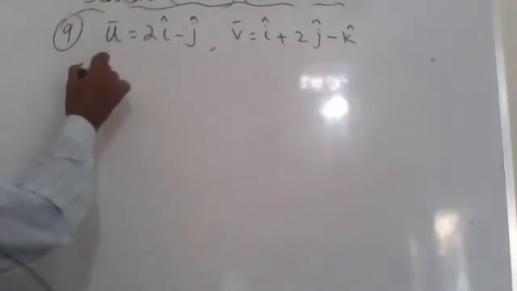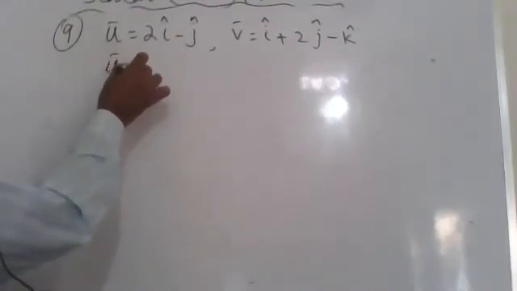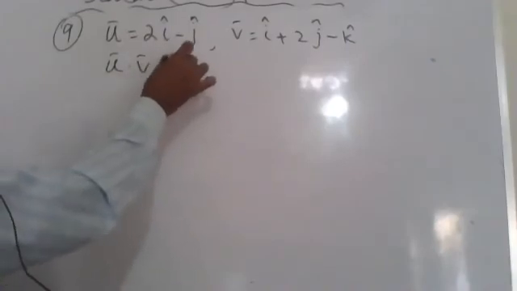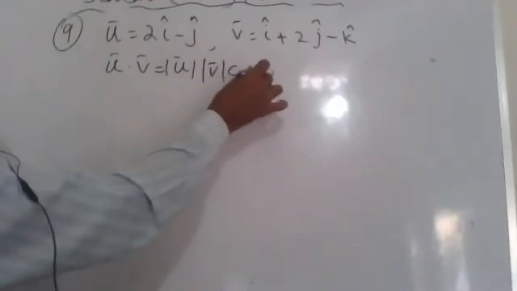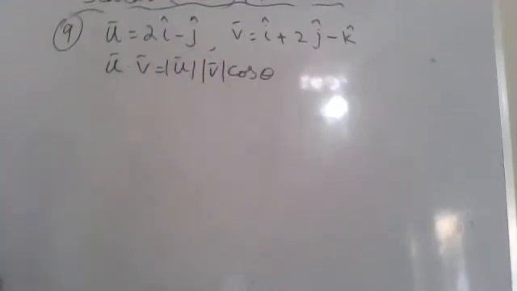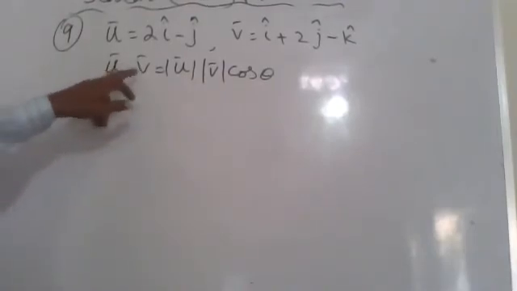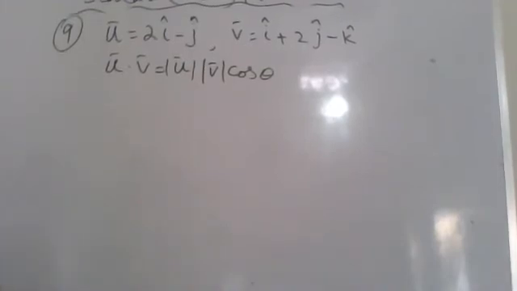So we will find the angle: u dot v will be equal to magnitude of u into magnitude of v into cos of theta. Don't put dot or cross between them, because dot and cross always go between the vectors, not between the scalars.